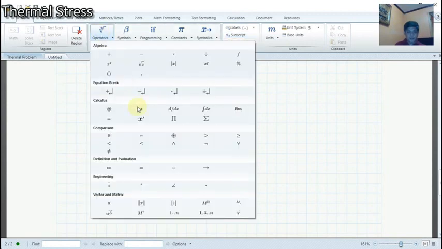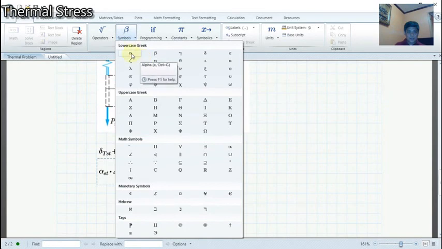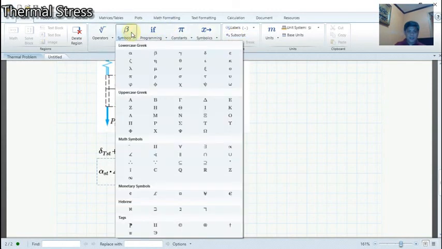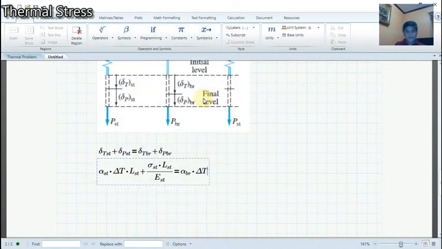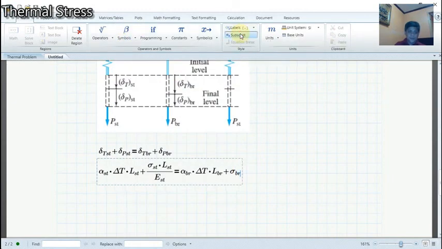This is equivalent to the coefficient of thermal expansion for the bronze multiplied by the change in temperature ΔT times the length of the bronze, plus the stress in the bronze times the length of the bronze divided by the modulus of elasticity of the bronze.